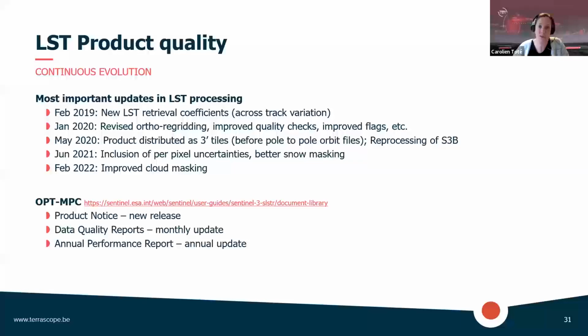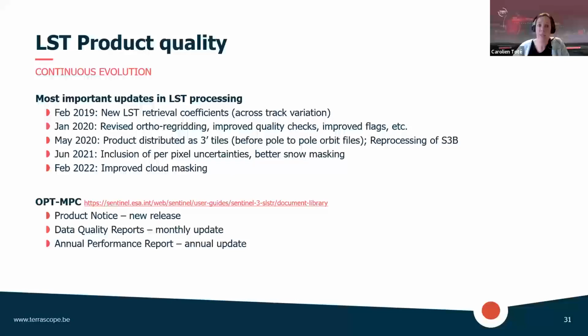In May 2020, this is an important one, they redid the product distribution. So from then onwards, products are distributed as 3-minute tiles. Before, it were pole-to-pole orbit files, and that's still the case in the archive we have on Terrascope. So for Sentinel-3A, it's still pole-to-pole orbit files before this date.